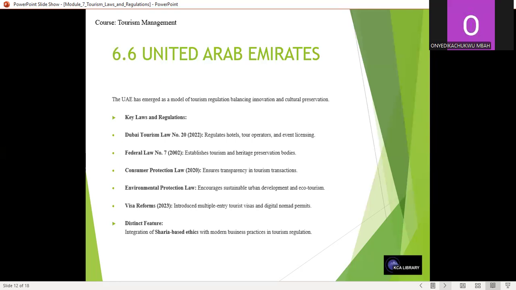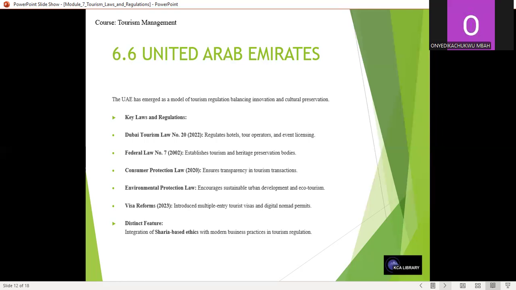The federal law establishes tourism and heritage preservation bodies. Consumer protection law ensures transparency in tourism transactions. Environmental protection law encourages sustainable urban development and ecotourism. Visa reform 2023 introduced multiple entry tourist visas and digital nomad permits.